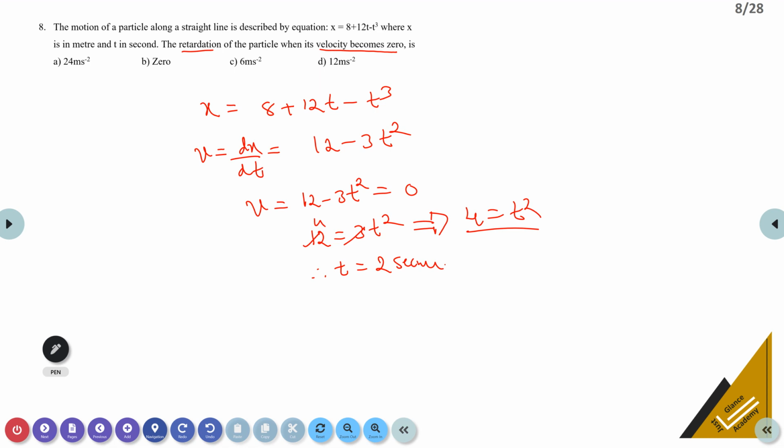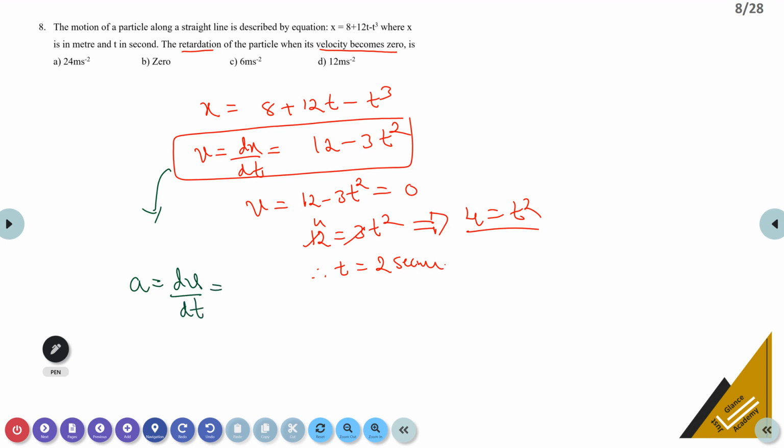Velocity will become 0 after 2 second. Now I have to find the acceleration again from this equation by differentiating. Acceleration equal to dv by dt equal to d square x upon dt square.